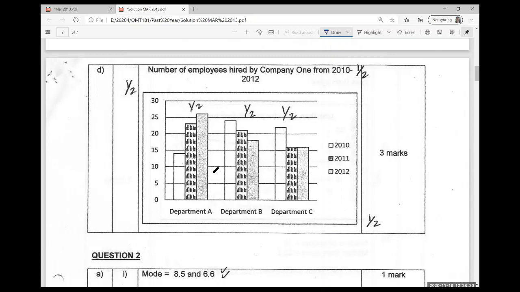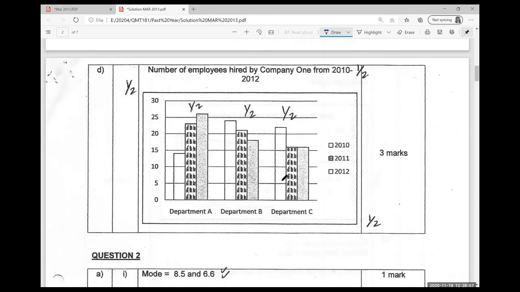So you can see this, and then you can just give any comment, right? One of the comments you might give is that if you just look at 2012, you can see that department A has the highest number of employees hired compared to department B and department C in year 2012.